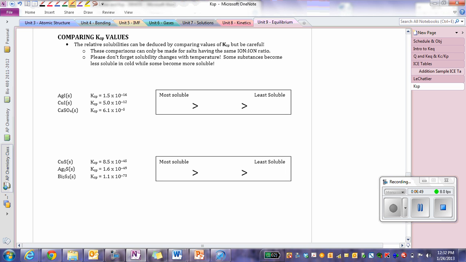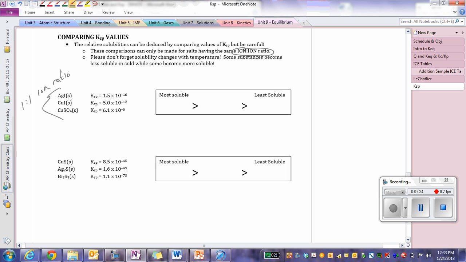The key here is the ion-to-ion ratio. You can only directly compare KSP values when the ion-to-ion ratio is the same. In these first examples, it's a 1-to-1 ion ratio for all of those substances, so we can directly look at the KSP and decide what's most soluble and what's least soluble.